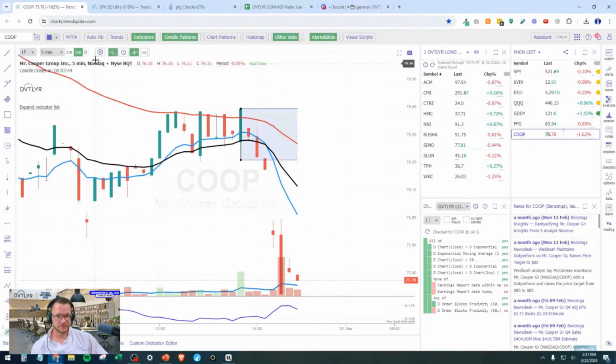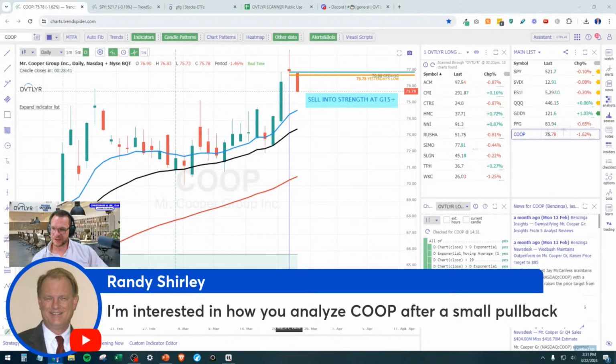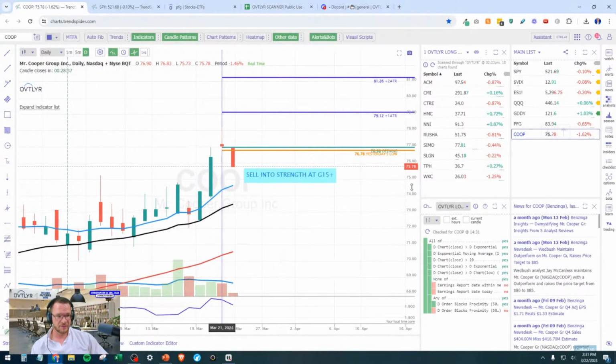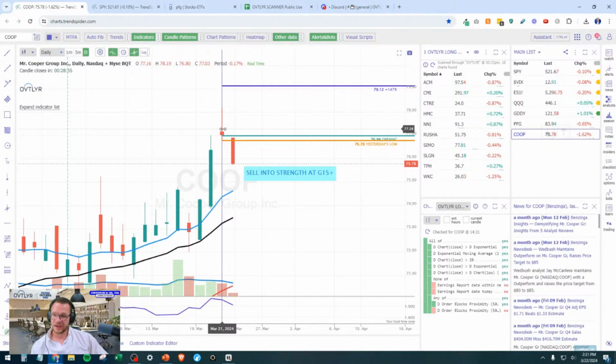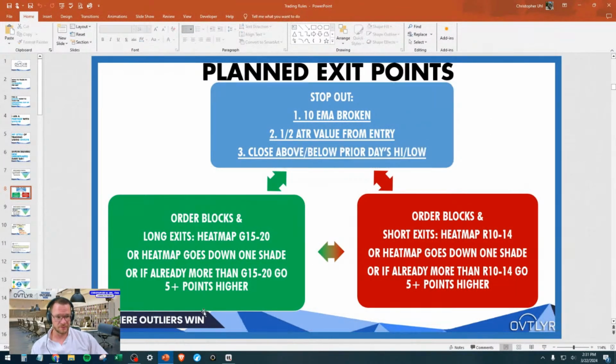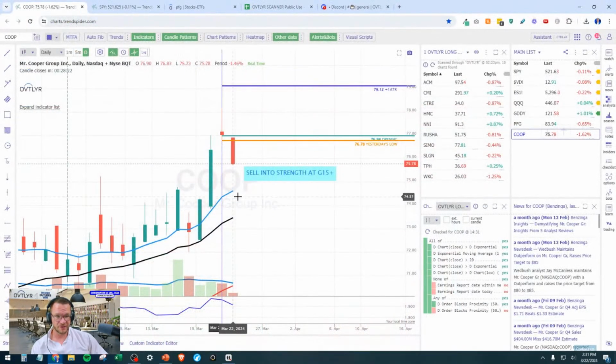Let's go to Coop. Randy says, I'm interested in how you analyze Coop after a small pullback. Randy, my plan was I will get out if it is below yesterday's low. A close below yesterday's low. I'm out, dude. I'm not out yet, but I'm about to be.